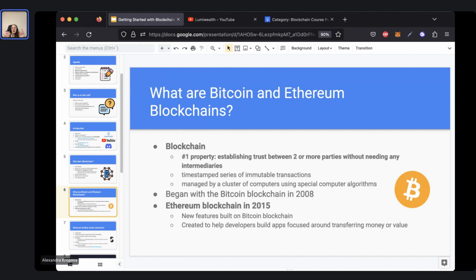So what is a blockchain in the first place? Well, you can visualize a blockchain metaphorically as a chain of blocks, just like the name says. Now, it's not actually a physical chain of blocks somewhere. That's just a metaphor for the data structure of the code, because a blockchain is just built with code.